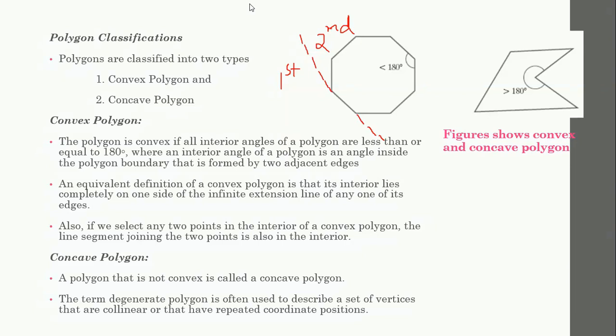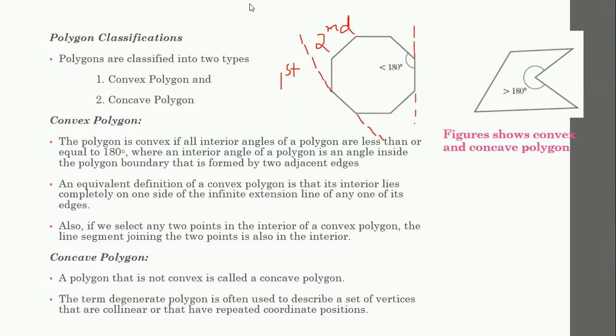One of its sides, the second side here, will be forming one polygon. In the same way you can apply this condition to the other remaining parts.